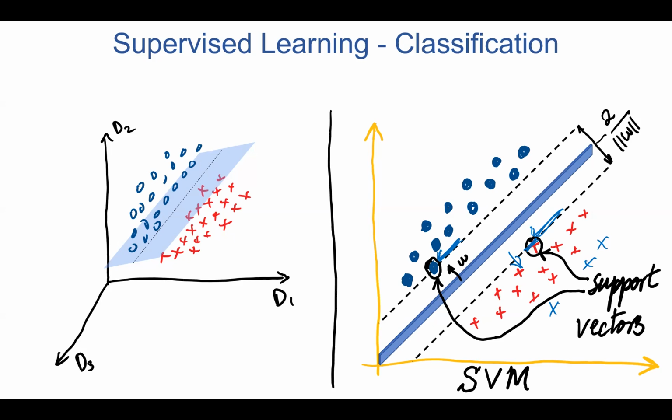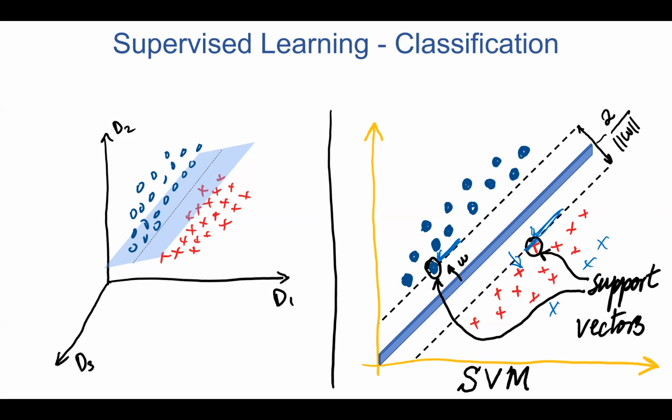These are the closest vectors to the region that we have. So we have to keep maximizing it until we hit the first data point of each class, the first support vector.